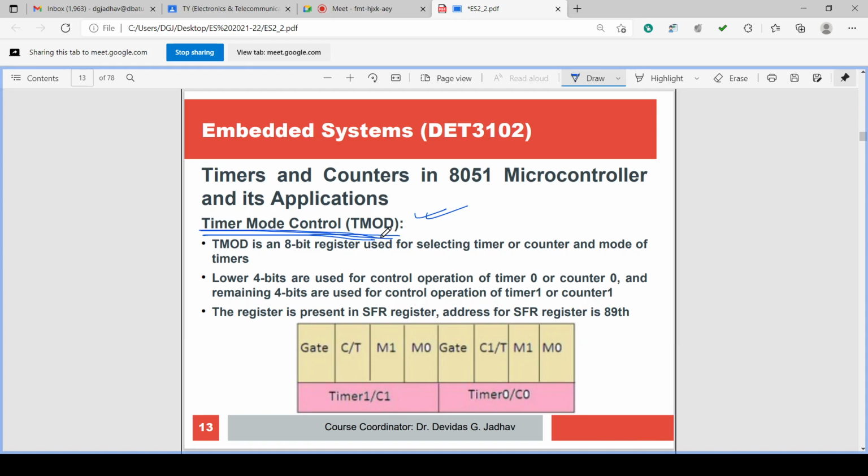TMOD is an 8-bit register, used for selecting which timer to be selected, timer or counter, and the mode of the timers.